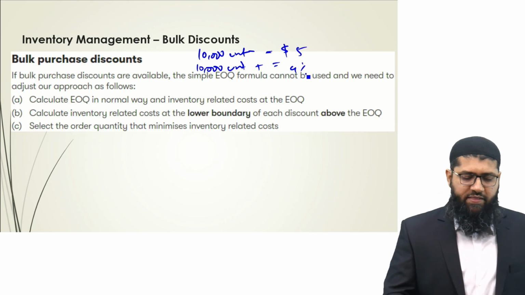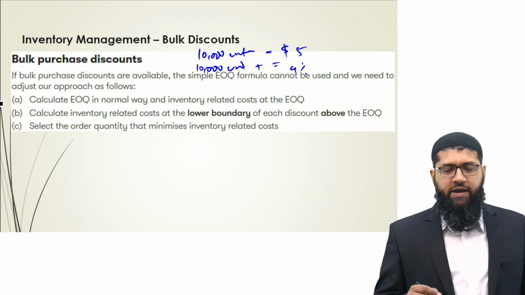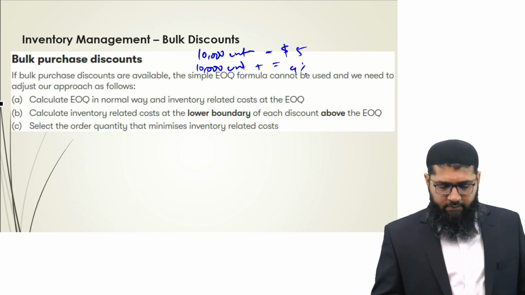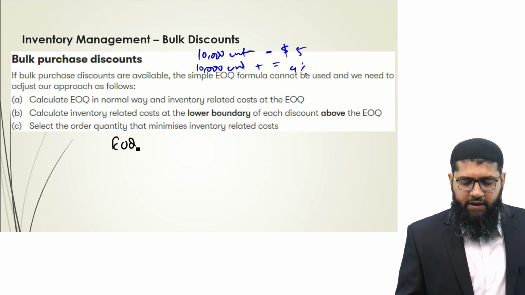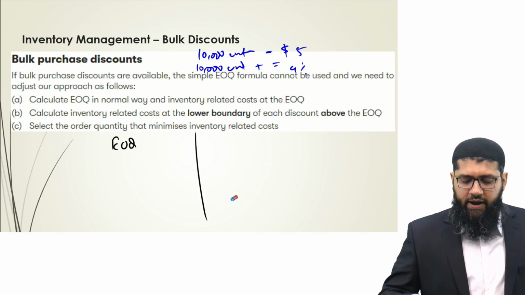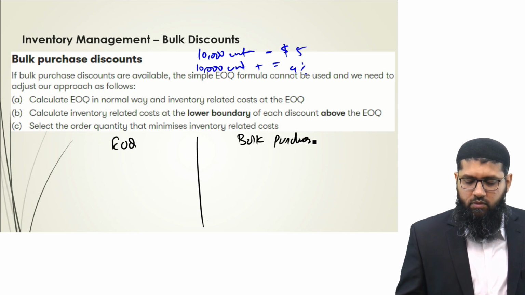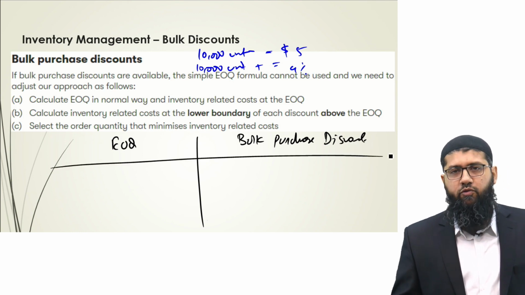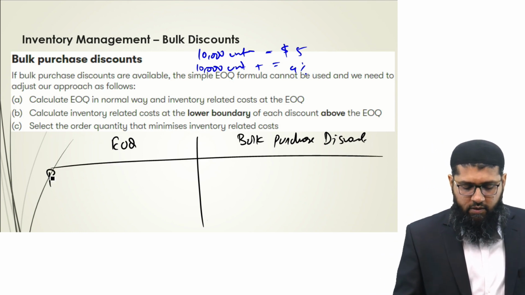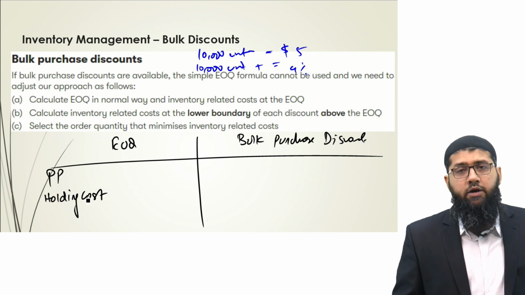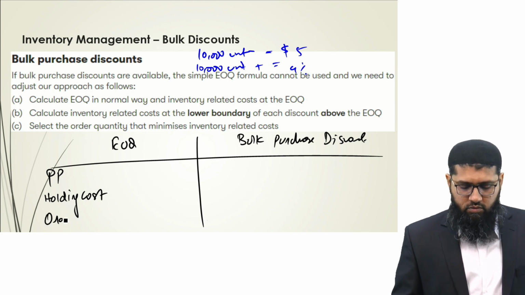So what are you going to do as an entity? You're simply going to say, okay, let's compare. If I adopt the EOQ order size, and if I adopt the bulk purchase discount, you would compare the purchase price and total holding cost.